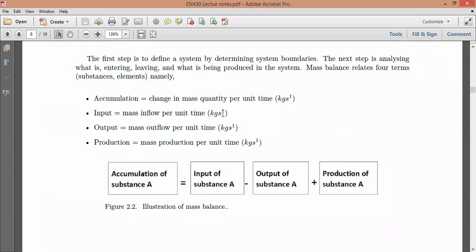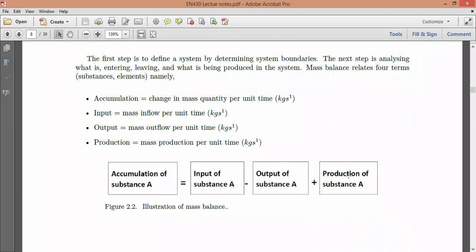And then now, let's analyze. Was there accumulation, for example? Accumulation of substance A is input of substance A minus output of substance A plus production. So your input was water and millimil, isn't it? And your output was what you're calling shima, right?